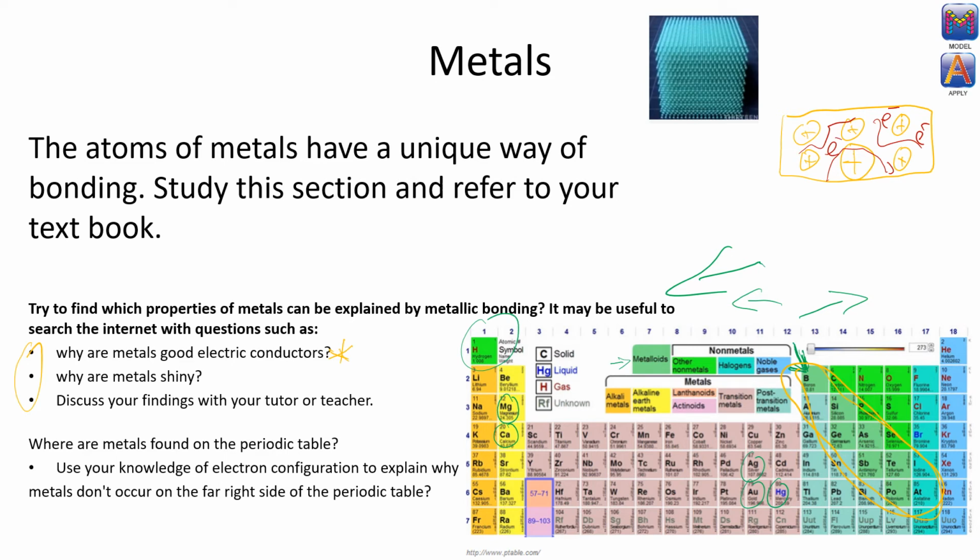Because the electrons can detach themselves from the nucleus quite easily and flow around, metals tend to be really good conductors of electricity, because electricity is just a moving charge, which is moving electrons. That's really all it is. So when you hook this up to a battery or something, the electrons can flow through that metal quite easily. That's what makes them good conductors: the fact that their electrons can easily detach a bit from the nucleus.